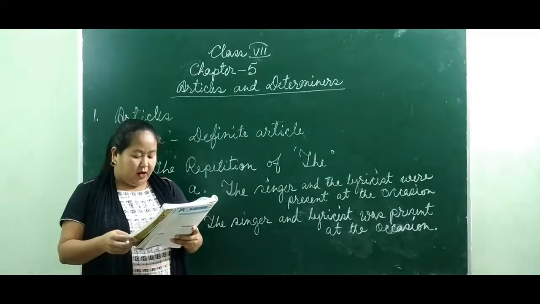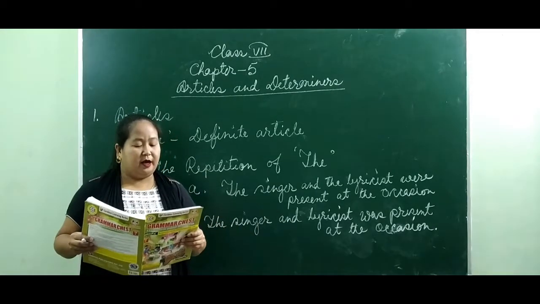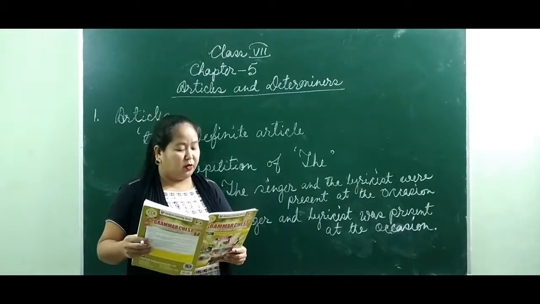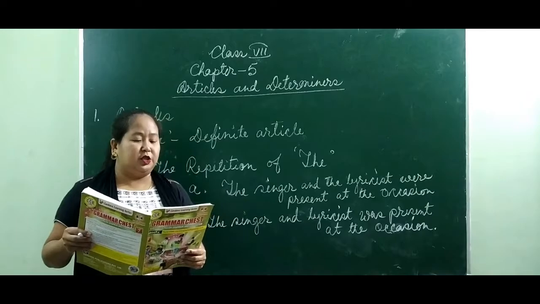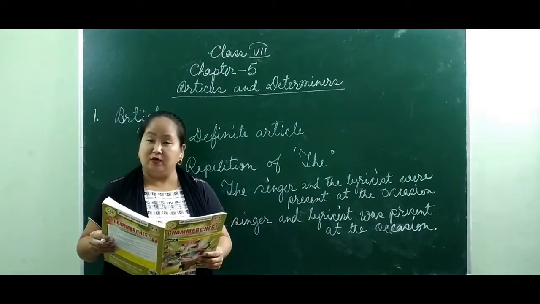Okay, and there is a long list of when to use article the, which you can read in your book. Article the is used with nouns which are names of unique things.